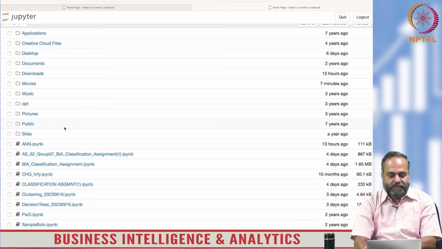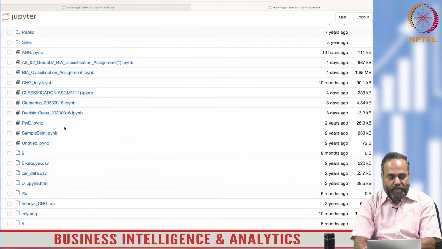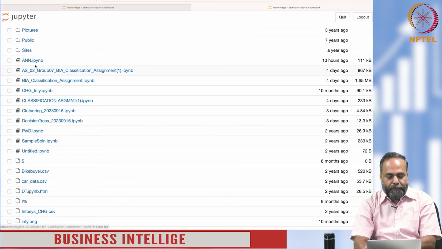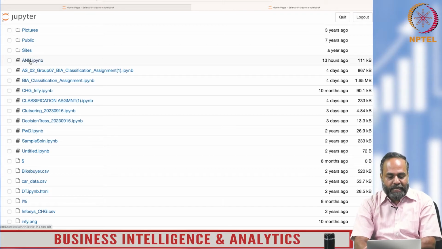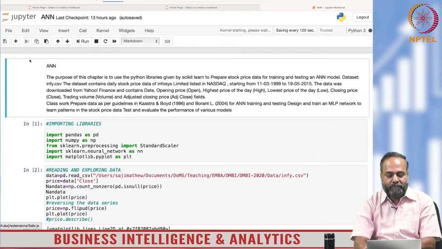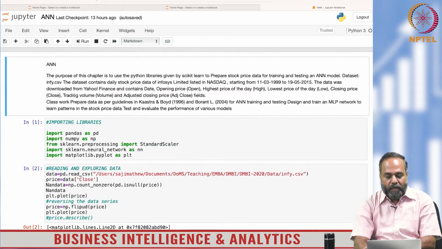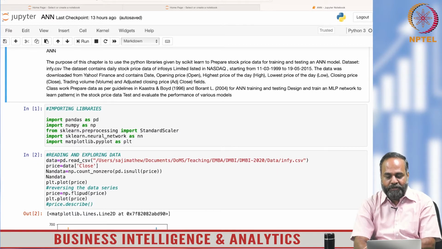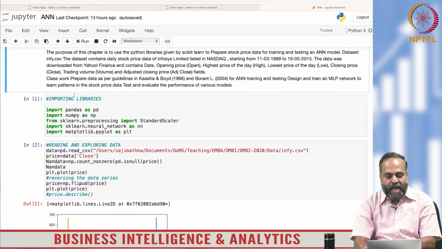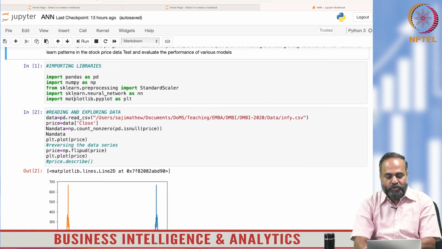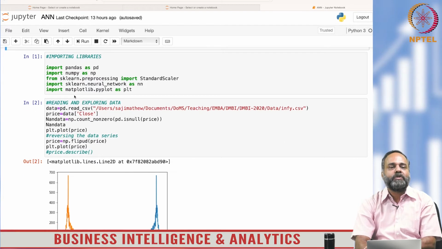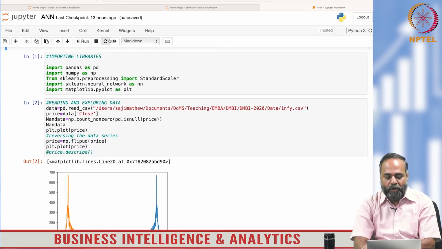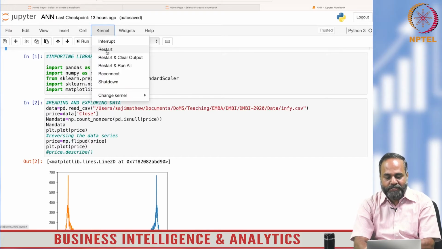Here is my Jupyter notebook, and I am going to use the ANN script which is already uploaded here in the directory. Here is the data set, infi.csv, and we are going to import Python libraries to do modeling. Comments have been given at different points for you to understand what each instruction does.